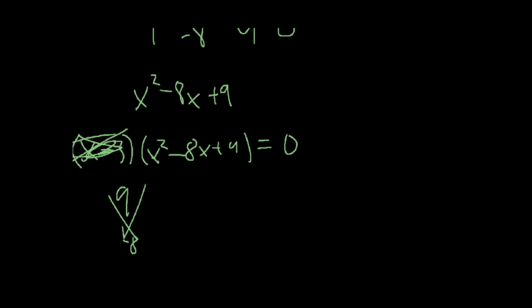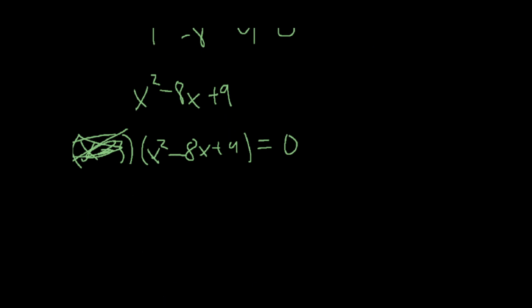I need a negative sum but positive product. Negative 3 and 3, 9 and 1. Negative 9 and 1. Does that work? Hold on. Okay, I am back. Negative 9 times 1 is negative 9. That is not 9. This is unfactorable.